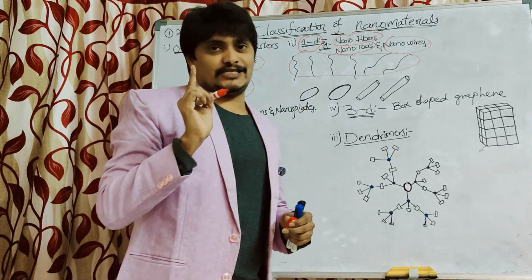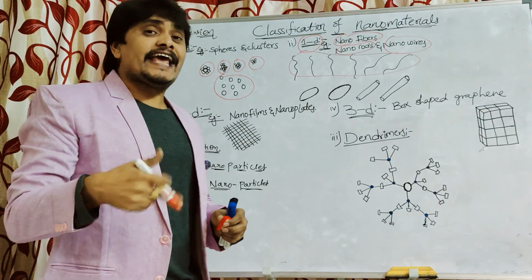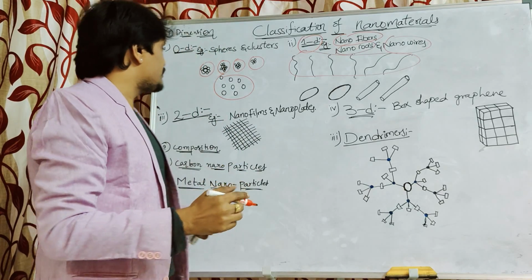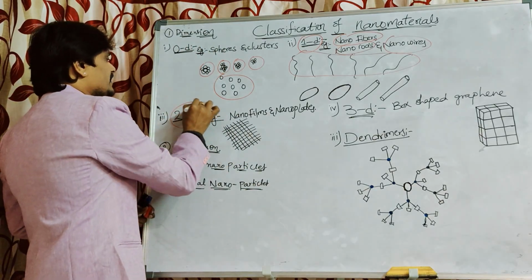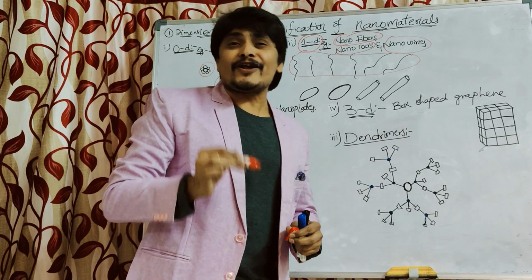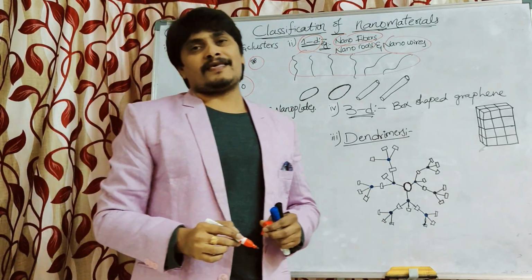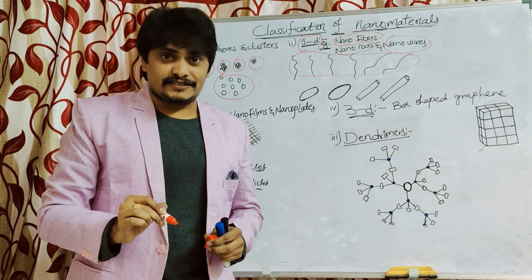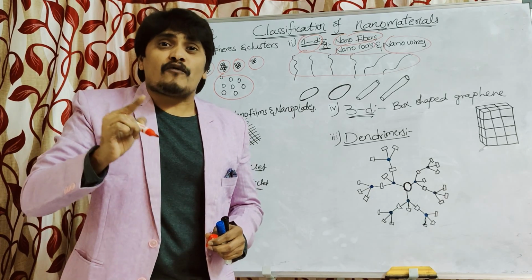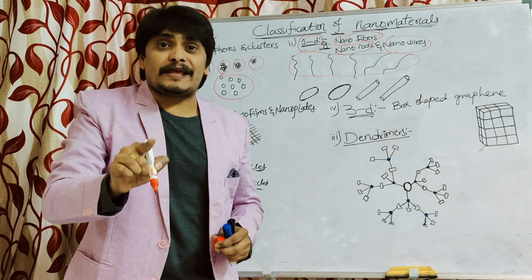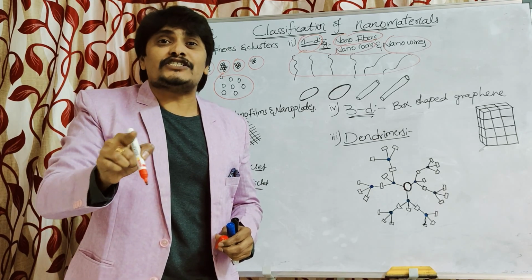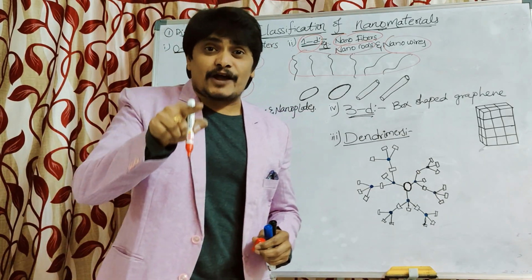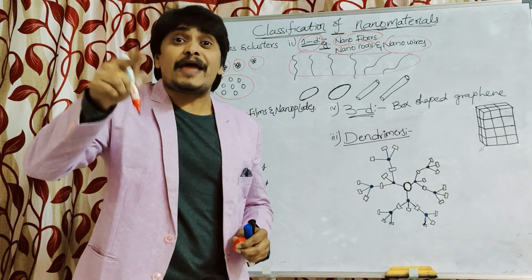Now, what is the next class of nanomaterials based upon the dimension? Two-dimensional nanomaterials. These are the nanomaterials in which one dimension is in nanoscale and two dimensions are above the nanoscale.